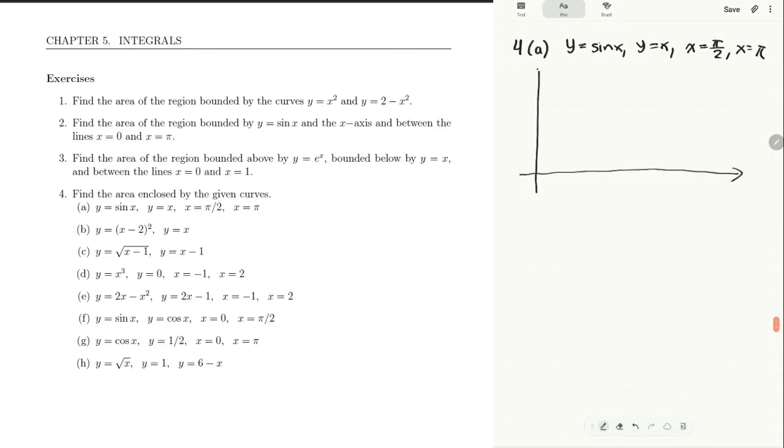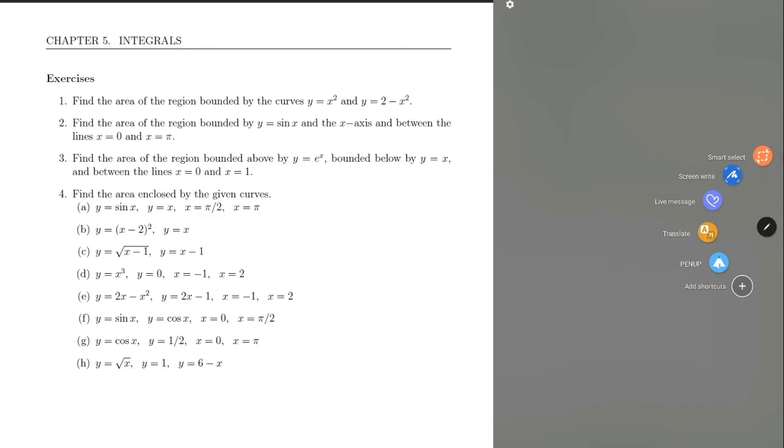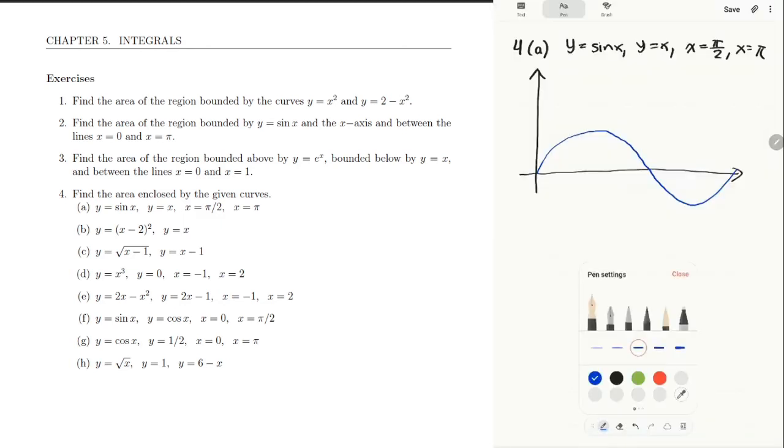So let's first sketch the region. So we have the function y equals the sine of x. And the line y equals x.